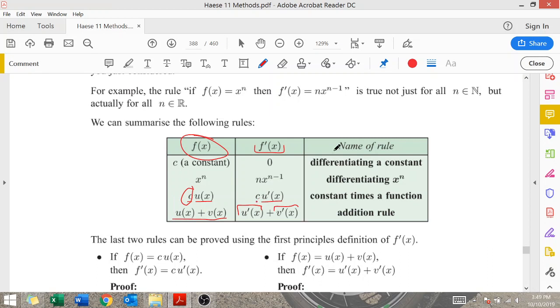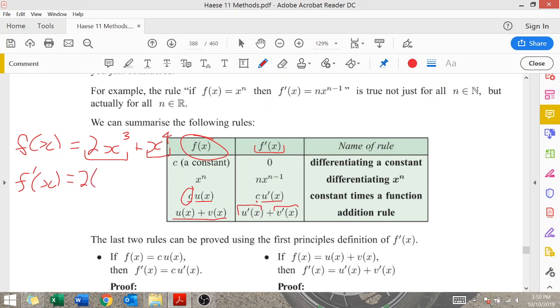So for example, if we had f of x equals 2x cubed plus x to the power of 4, then f dash x will equal, well, first of all, there's our u of x, there's our v of x, so we simply get the derivative of u of x using our rules previously, and we get the derivative of v of x using our previous rules, and it will look a little something like this.